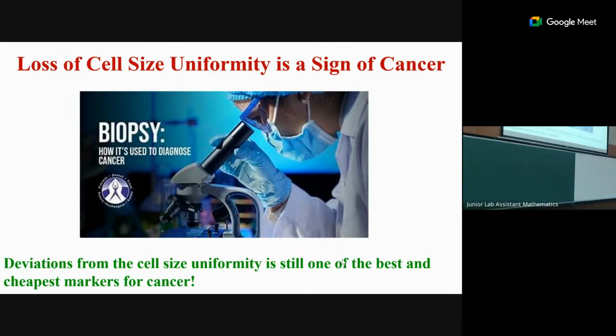There is a lot of development of expensive markers, but this is as cheap as possible. Just look under the microscope, count the sizes, see the size distribution. If it's broader than something, it's a sign of disease, cancer. And again, it's another indication of unusual precision in biology: cells are very uniformly distributed in size.